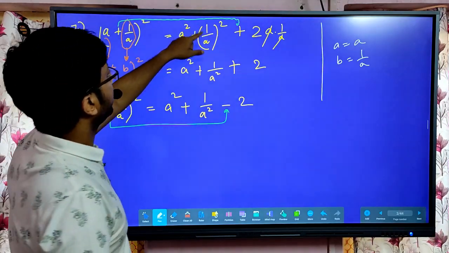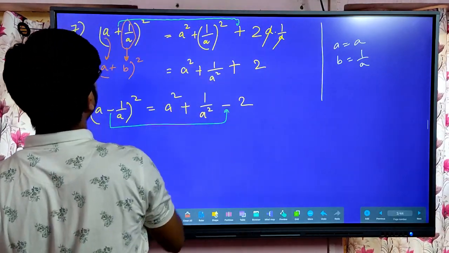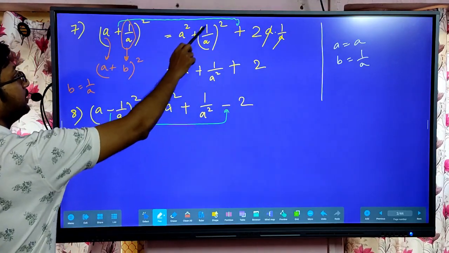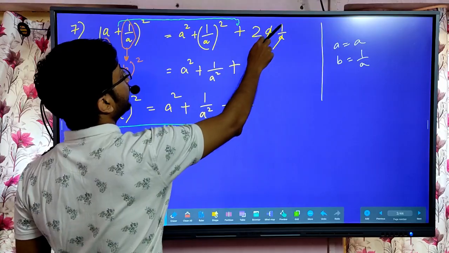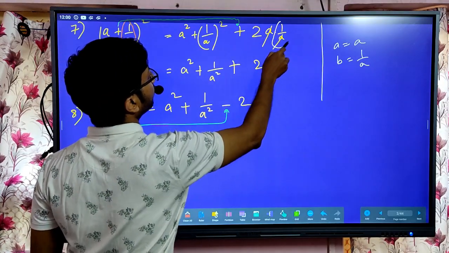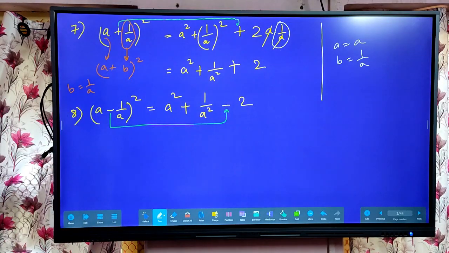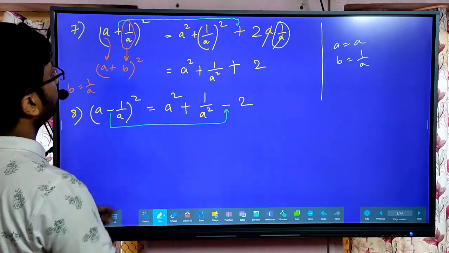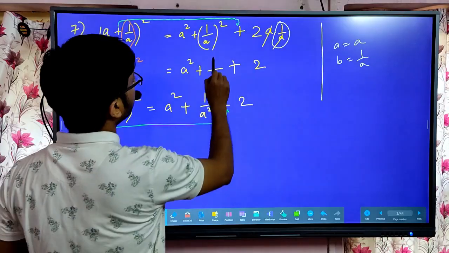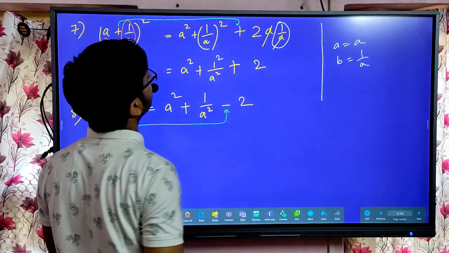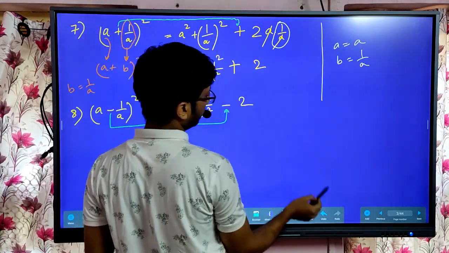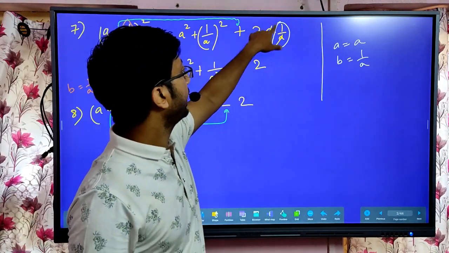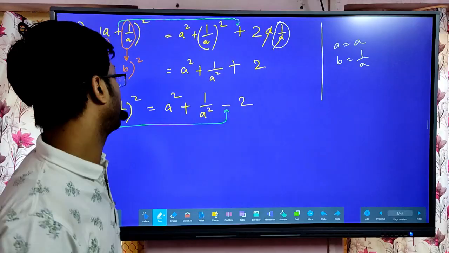This is A square, and in place of B I am writing 1 by A. So A square plus B square plus 2AB, where B is 1 by A. So it will be A square plus 1 by A square, because 1 square is 1, so we don't write it here, plus 2 into A, the A cancels out. It will be only 2 over here.